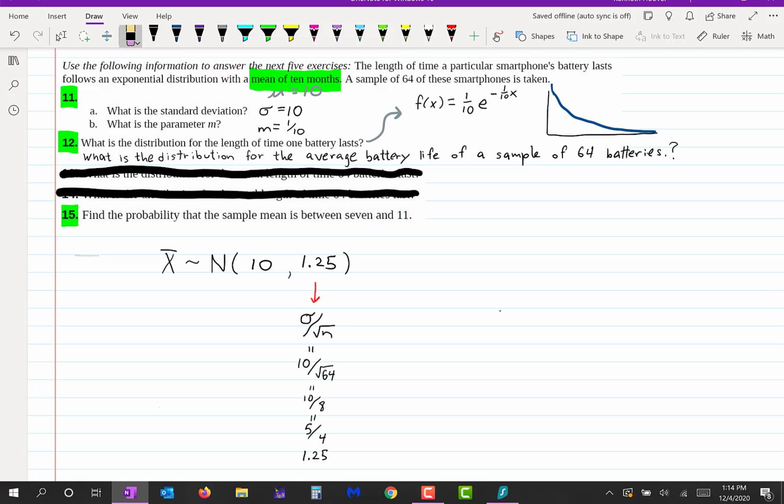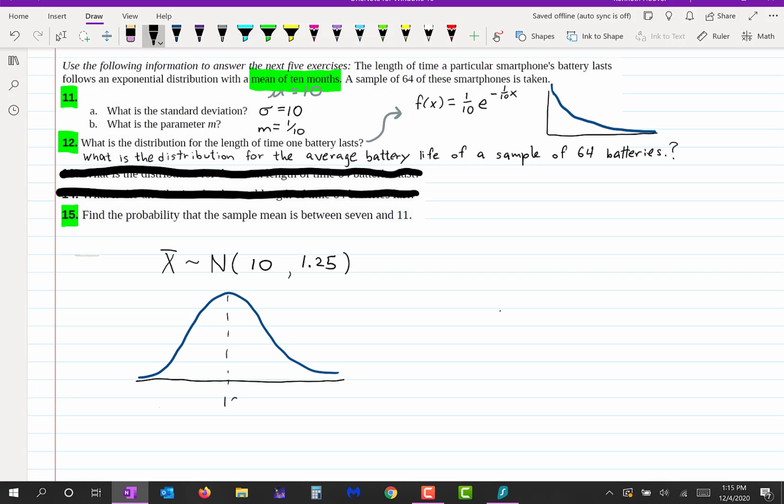Okay. So we're looking at a normal distribution with a mean of 10 and a standard deviation of 1.25.